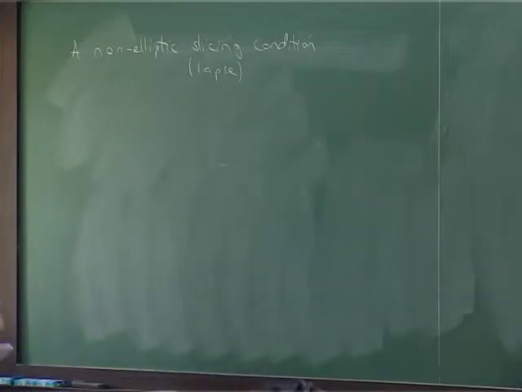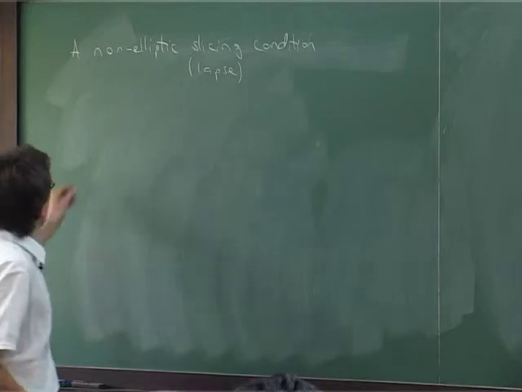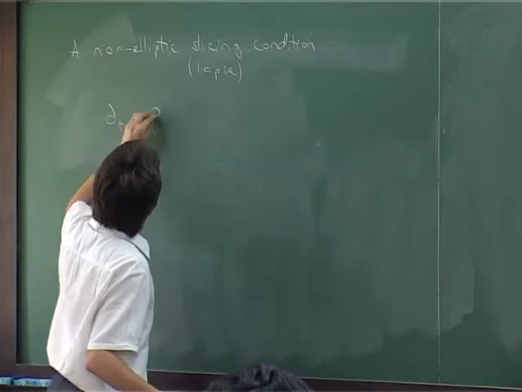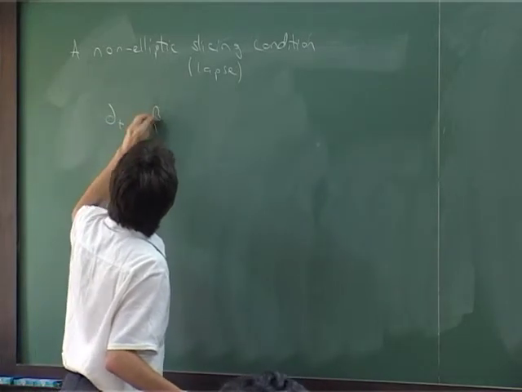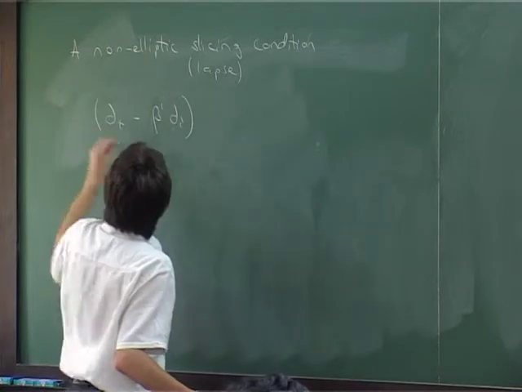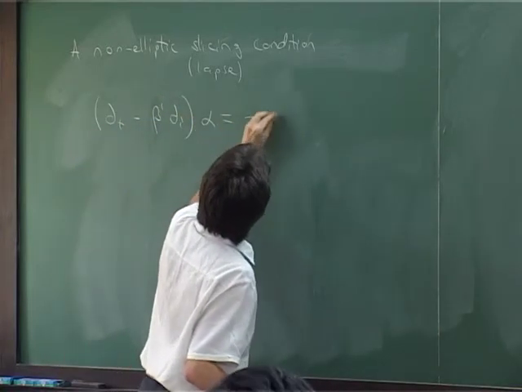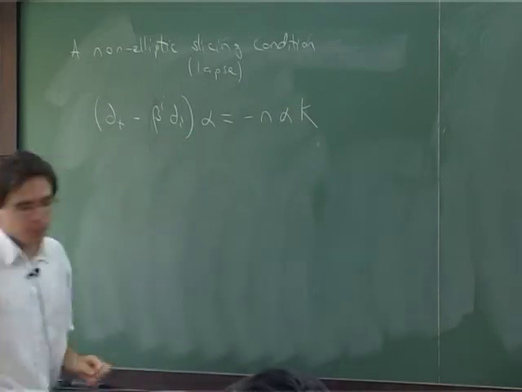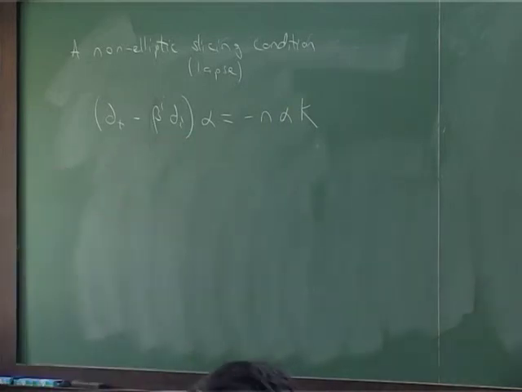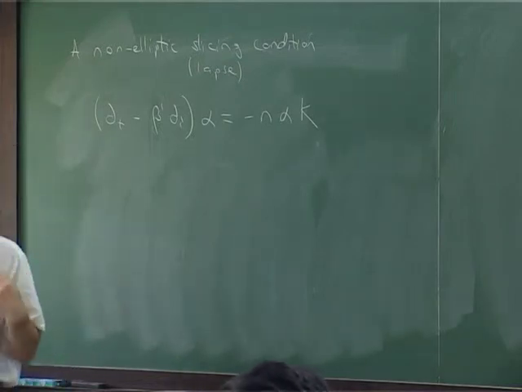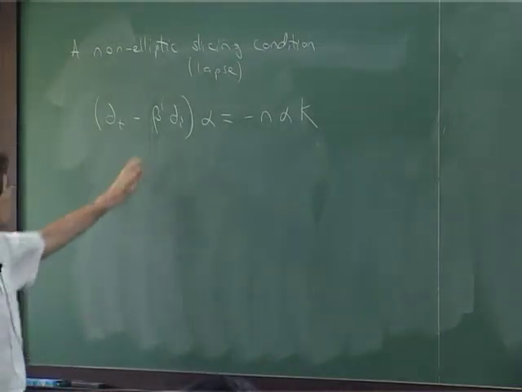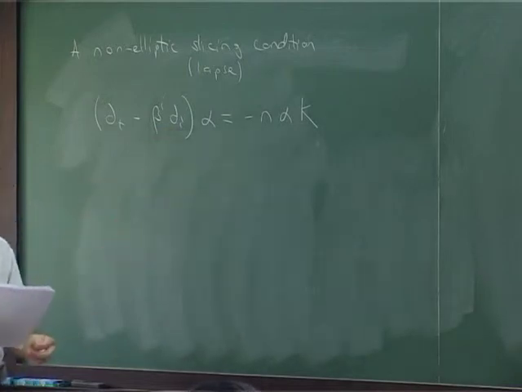So for a condition for the lapse, the 1+log condition is usually written as this. We can also write a variant of it, I think the one that you did an exercise on in Thomas's lectures, a variant without the shift term.